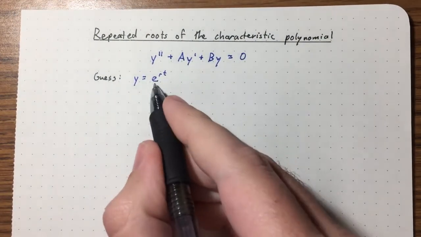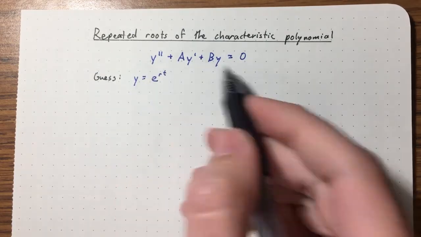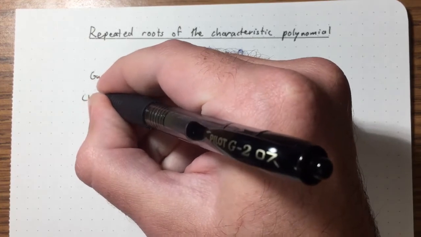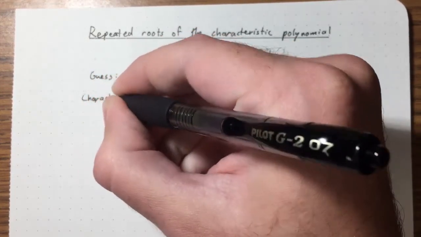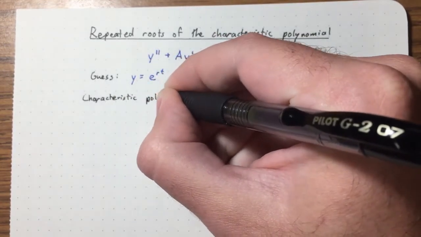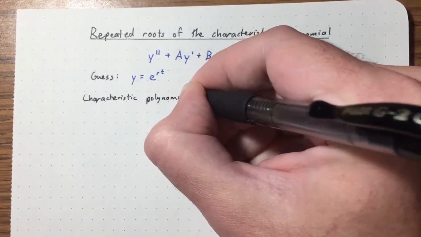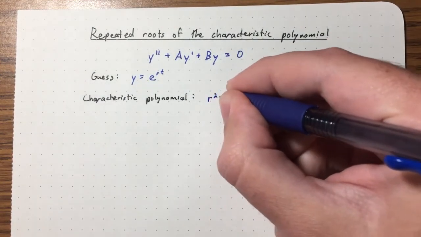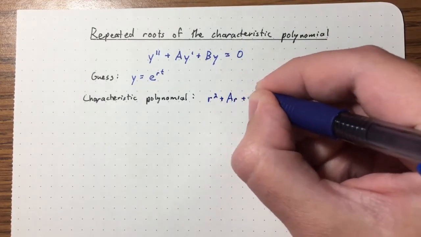If we take the first and second derivatives and plug them into this differential equation, we get our characteristic polynomial, a polynomial in r: r squared plus ar plus b equals 0.